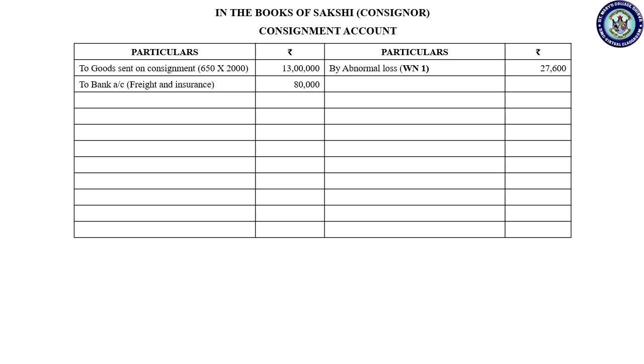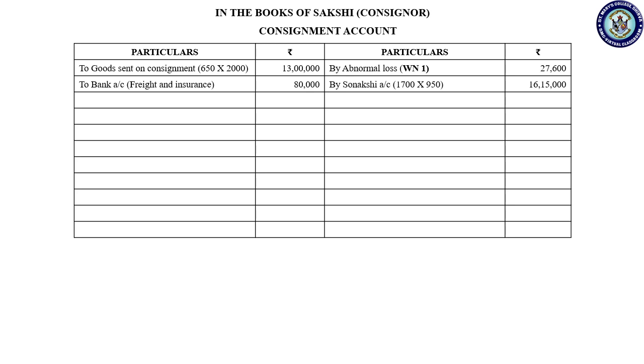So Sonakshi reported that 1,700 barrels were sold. So again, income on the credit side. But you have to write Sonakshi's name, because Sonakshi sold the goods, not Sakshi. If Sakshi sells, you have to write by bank.